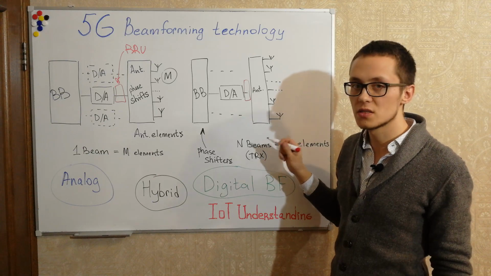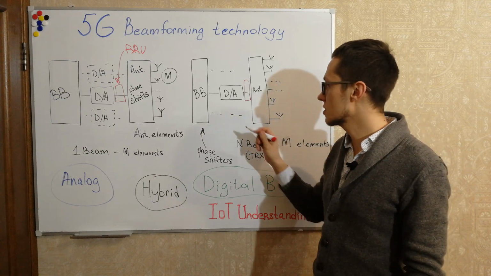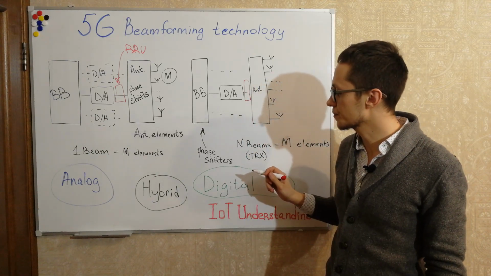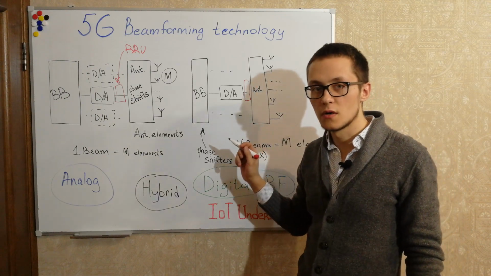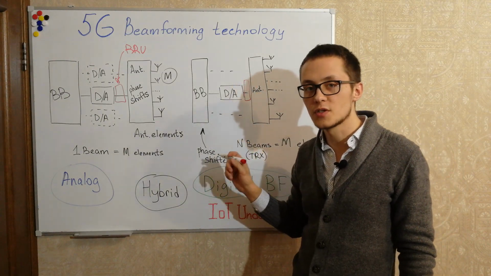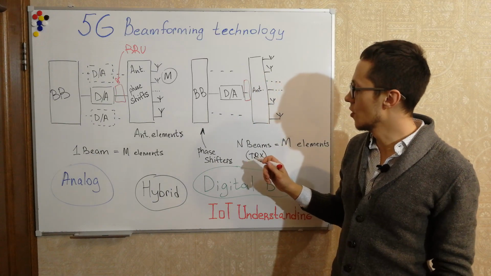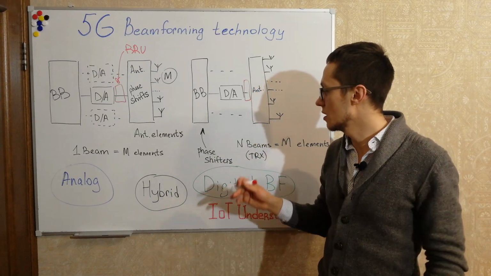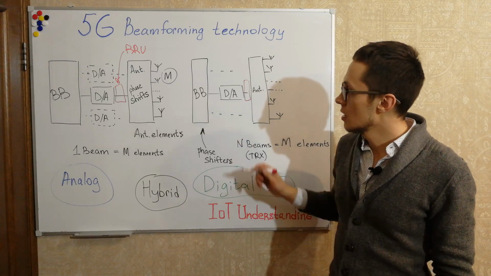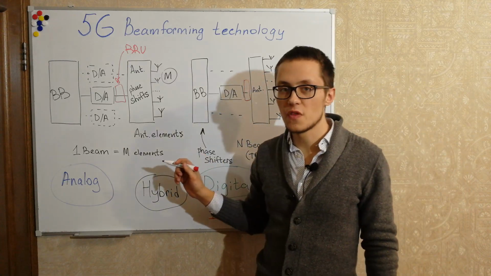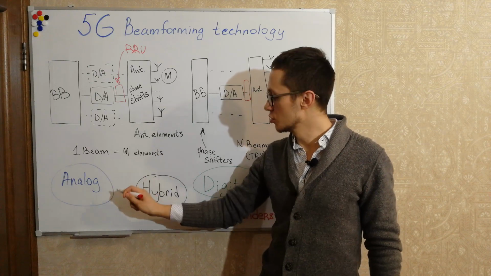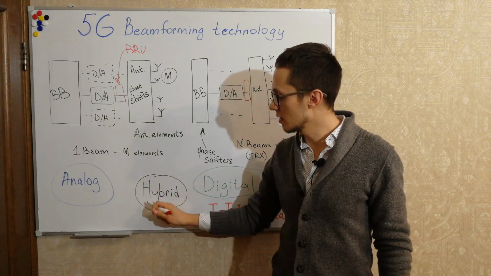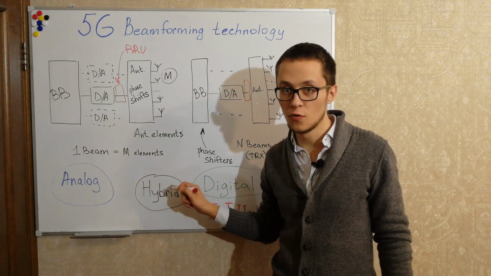This is a more advanced system, but of course such a system is extremely costly, so this is a disadvantage. It is a very complex system, and I suppose that one of the common solutions is a hybrid form of beamforming.